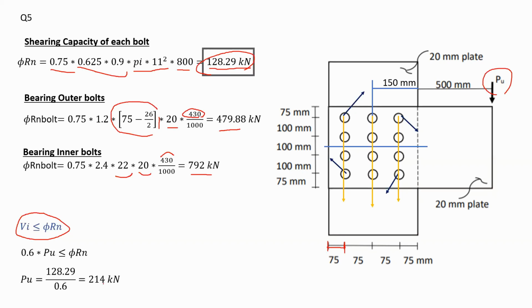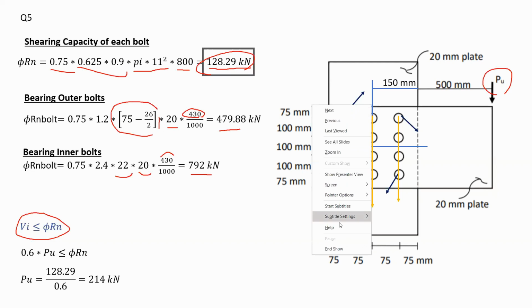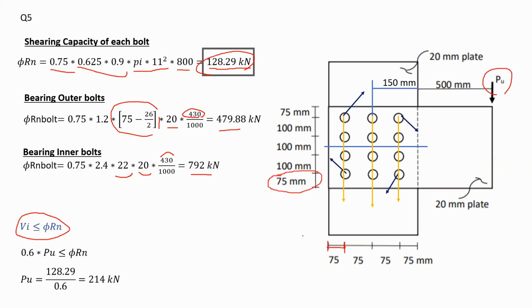So let me try to understand what you're saying. So this is 75, okay. Yeah, so actually you took this one. That's true. What if this one was less than 75? Would I take this distance? That's good. You would take the smallest clear distance.